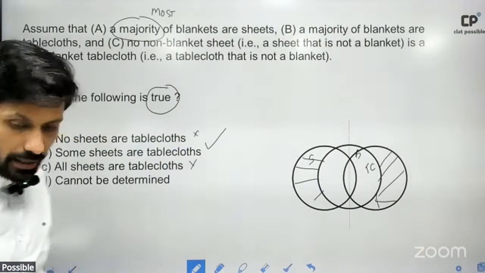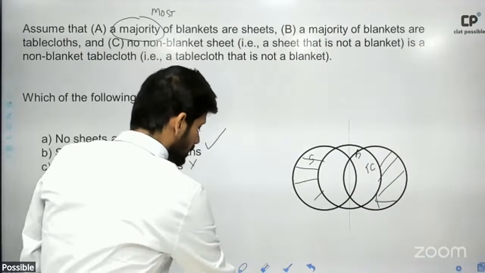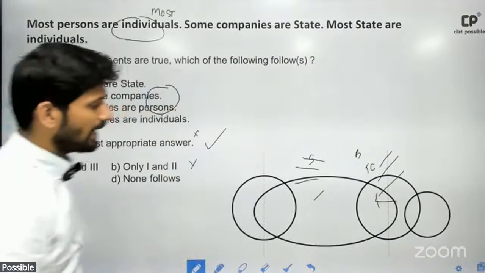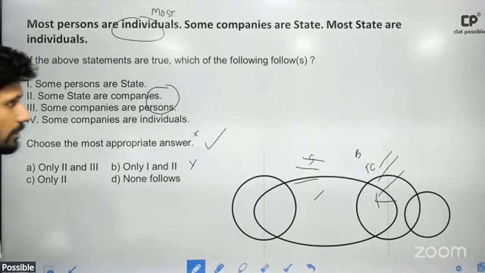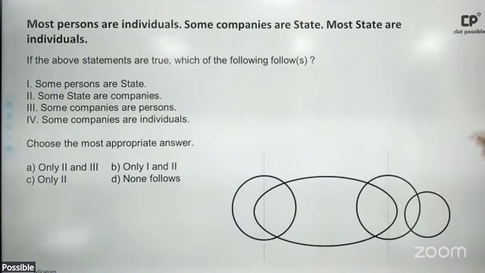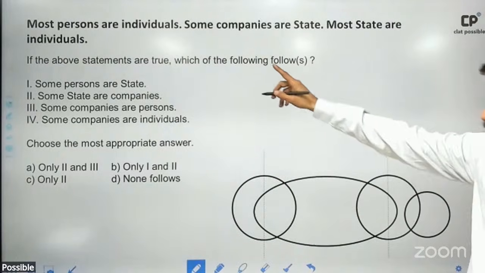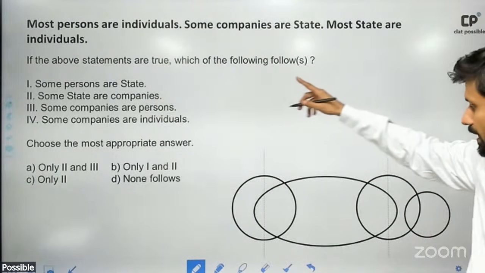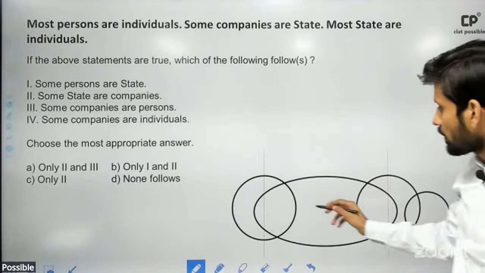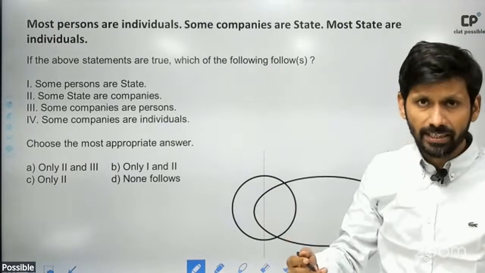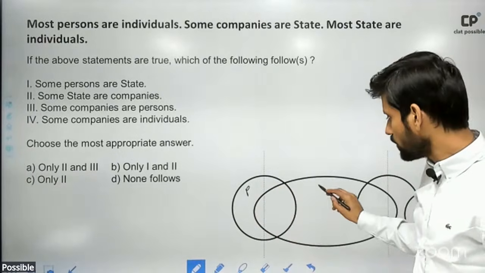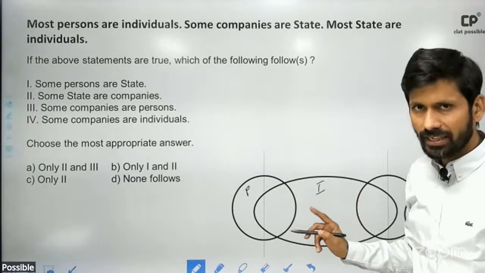But the previous question, okay, Ragvi had some doubt. So I will again mark these circles, okay? तो क्या दिया हुआ था, मोस्ट पर्सन्स आर इंडिविजुअल्स एंड मोस्ट स्टेट्स आर इंडिविजुअल्स। तो अगर मोस्ट पर्सन आर इंडिविजुअल्स तो पी का मोर देन हाफ सर्कल होगा इंडिविजुअल, राइट?